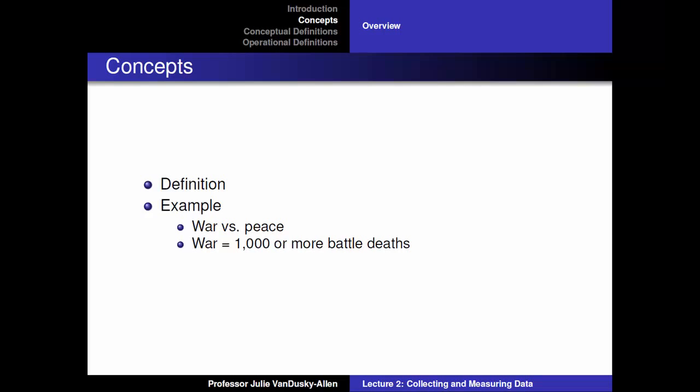For example, we may have a general idea of what war looks like. Two states may use physical force against each other. They may destroy each other's property. There may be battle deaths. However, not all conflicts between states are wars. Sometimes two states will have a single battle in a single day and the conflict will end. Is a one-day conflict a war?